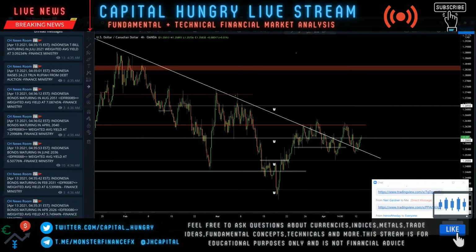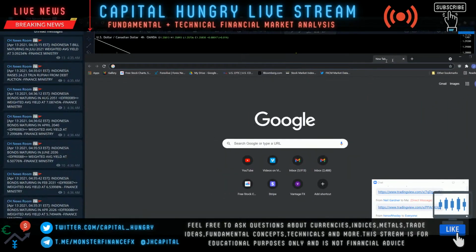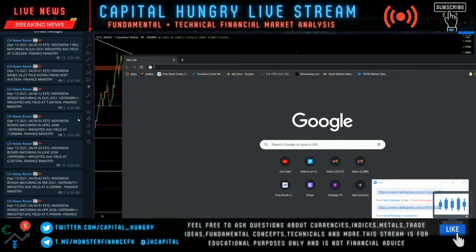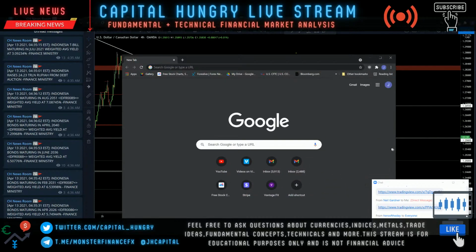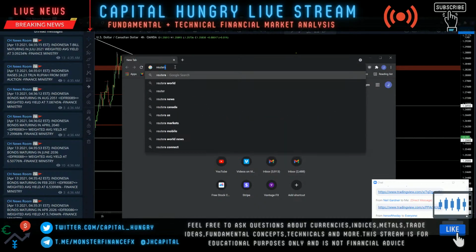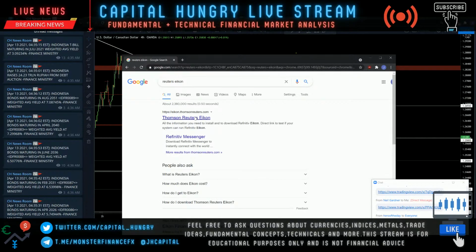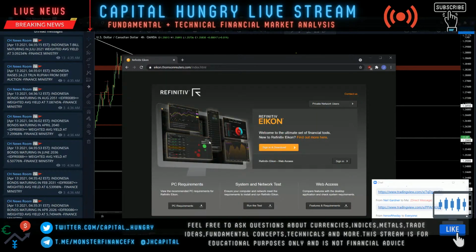Let me give you guys an example. You know this news terminal to the left? I'm going to describe exactly why it costs $20,000. The news terminal is the Reuters Eikon icon. If you want to sign up for Thomson Reuters Eikon, you can download it, but to get the online credentials you have to set up a meeting with a sales rep.